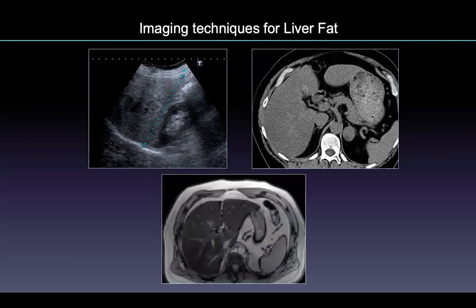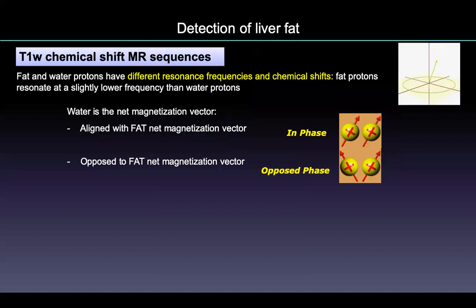MR, on the other hand, is the imaging modality that provides more information about different tissue components. And we know that for several years, we have been using the T1 chemical shift sequences to detect hepatic fat. Those sequences take advantage of the different resonance frequencies and chemical shifts of water and fat protons.